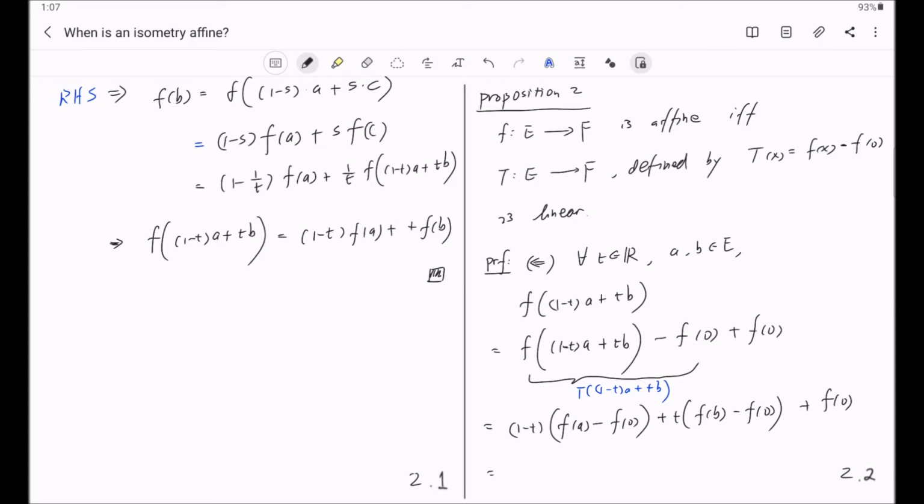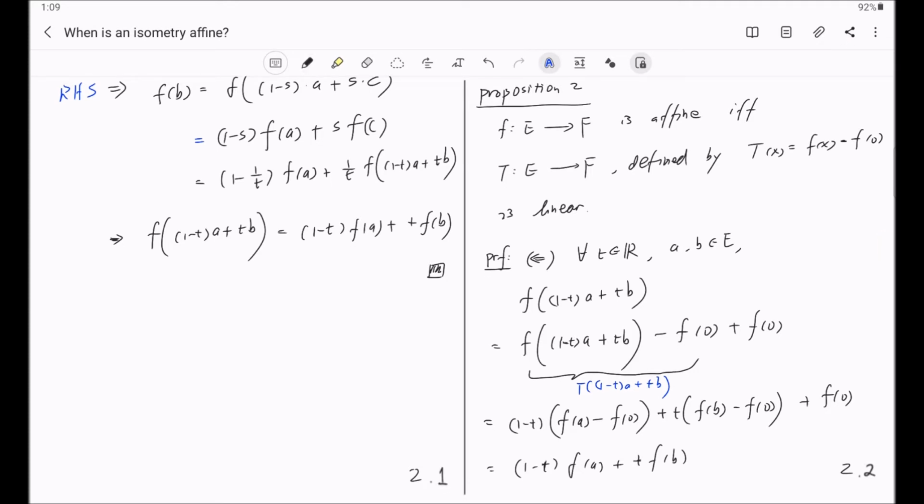And this last line, if you cancel out those f of 0s, you will end up getting just (1 minus t) times f of a plus t times f of b. And this completes the proof of the backward direction.